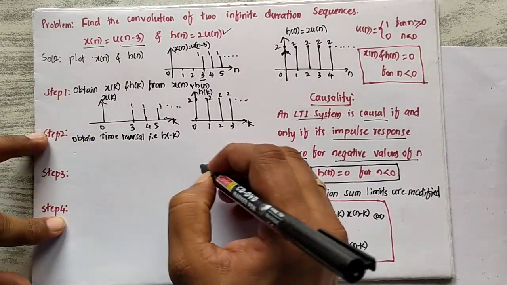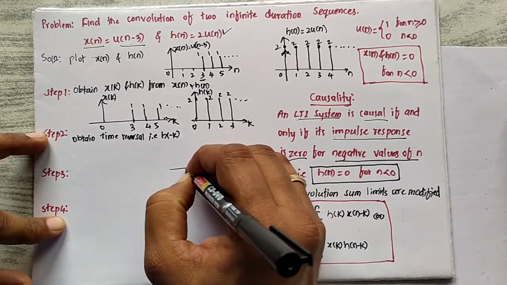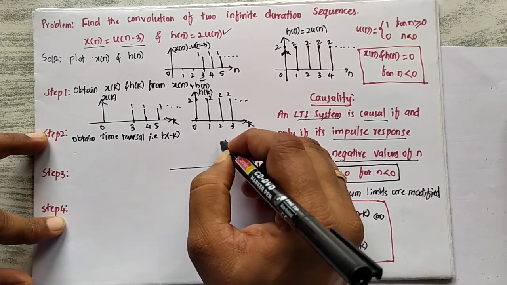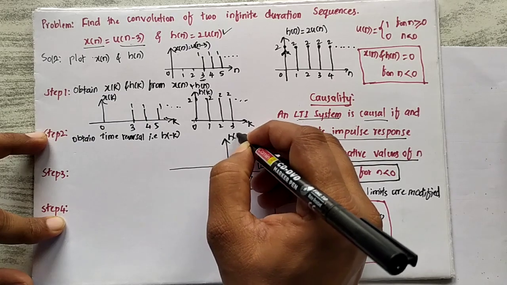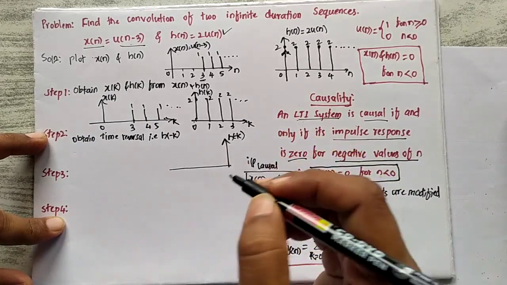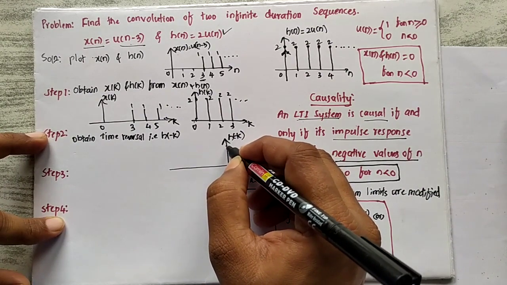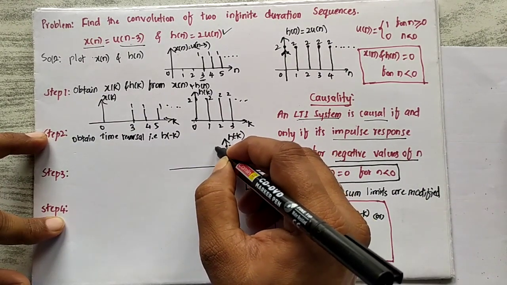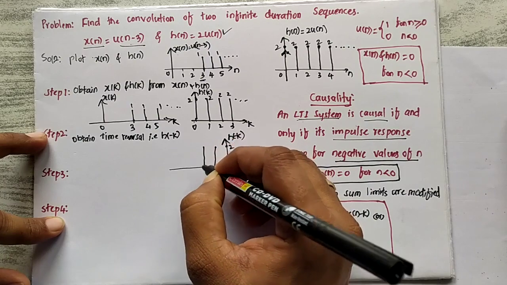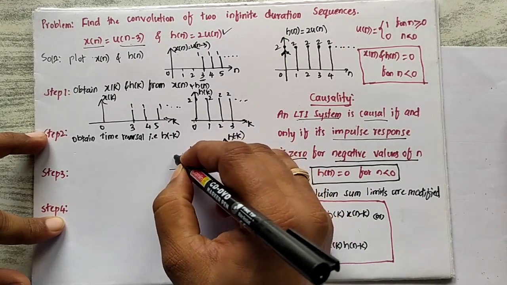So this is h of minus k, wherein it will start at 0 with amplitude 2. Now it will exist for negative values of k.